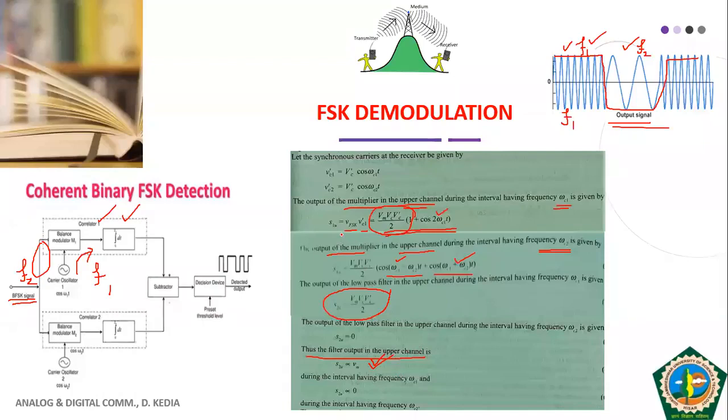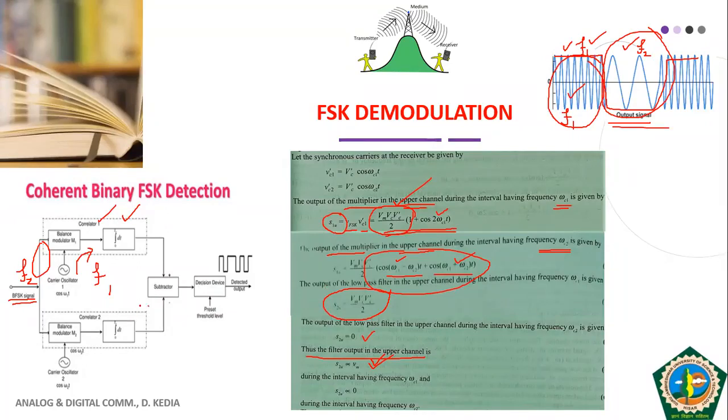See here, when F1 comes through the FSK signal, your output S1U is present. When F2 comes through the FSK signal while your carrier is generating F1, during this period your output is zero. The output of the low pass filter is zero because both these are higher frequencies. It means your upper branch will give you output only corresponding to F1.